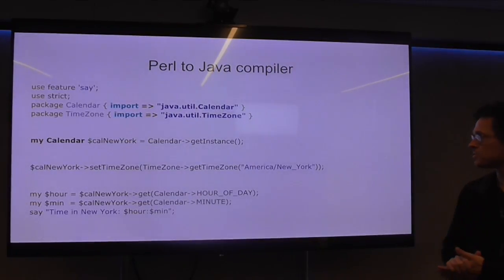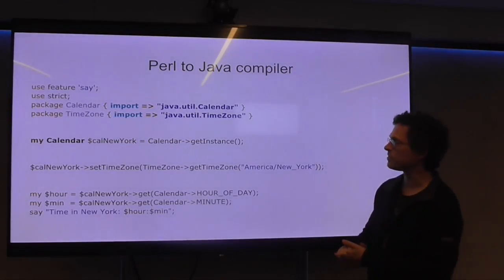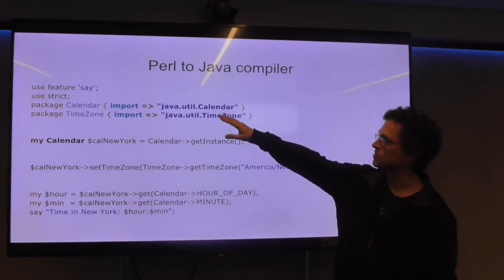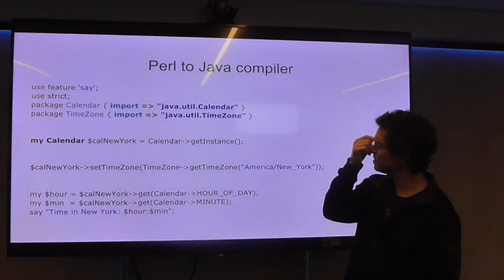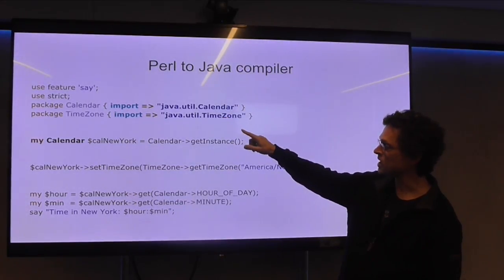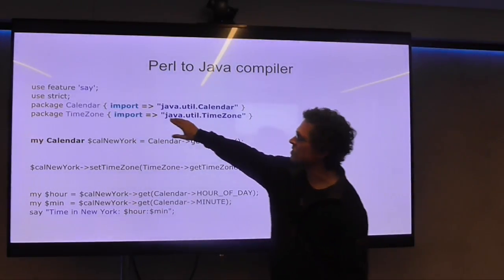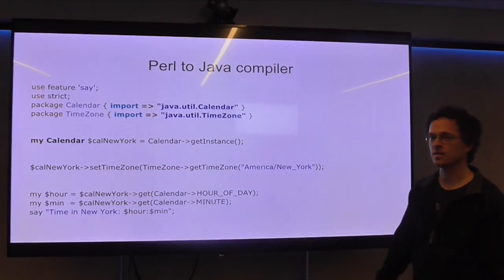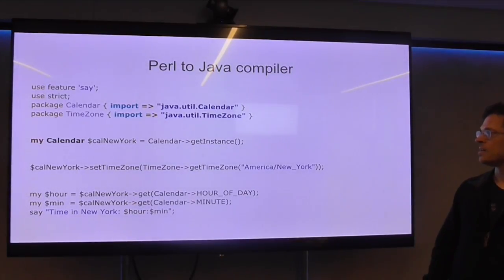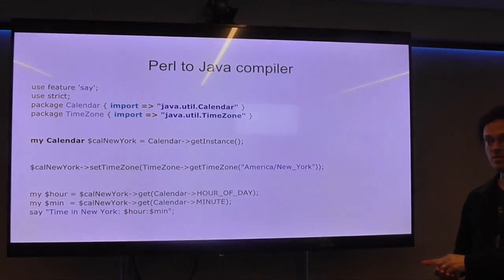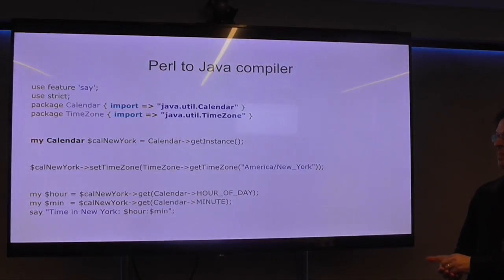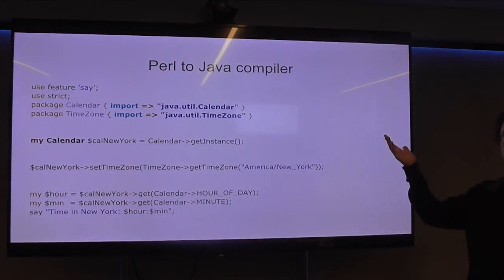So it looks like this. In this case, we start with use feature, use strict, and then we have a package Calendar. Instead of adding code here, we just add an annotation, import this Java class. This doesn't mean anything to Perl because it's just a list.